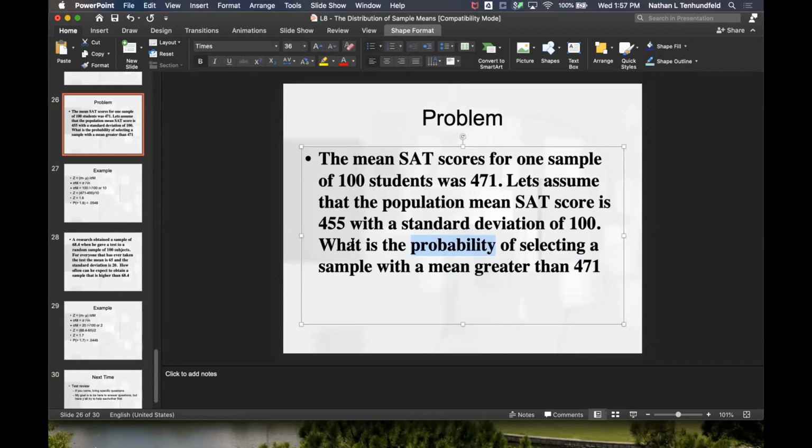But because we're interested in the probability of selecting a sample of 100 students that have a mean greater than 471, we use the standard error. So we're looking at a larger distribution of people, I guess? Yeah, exactly.